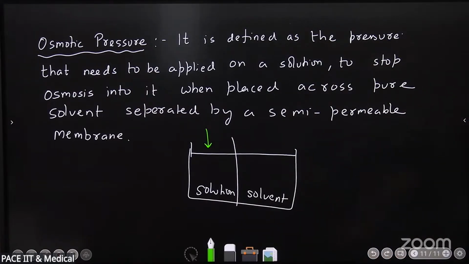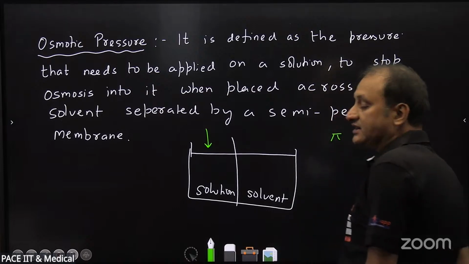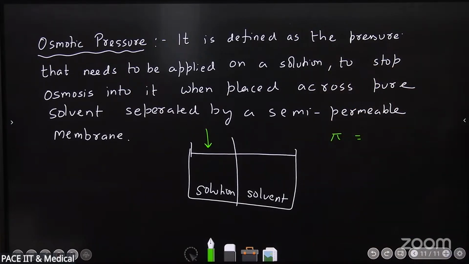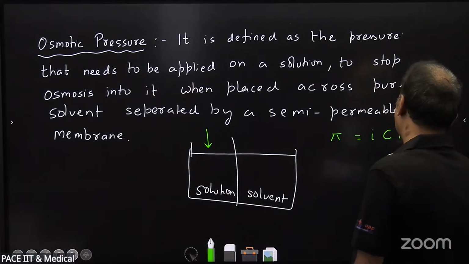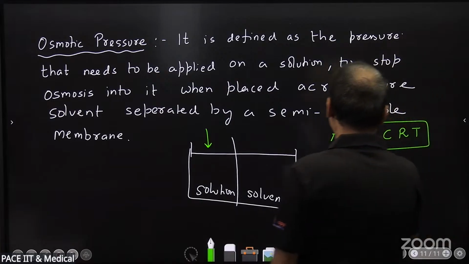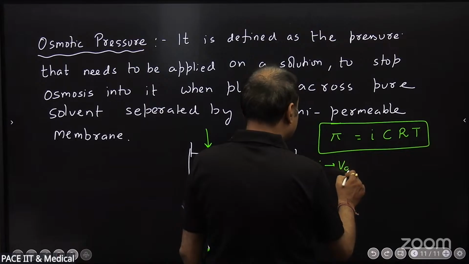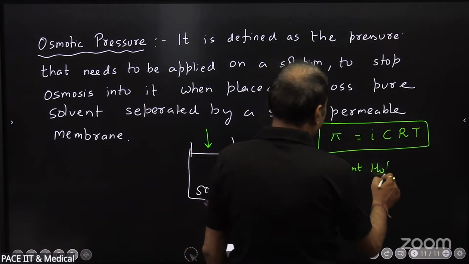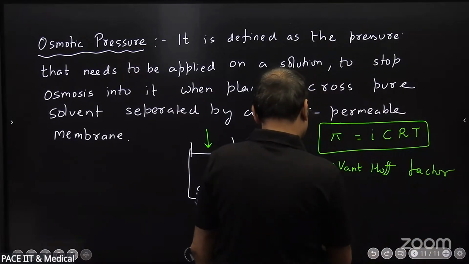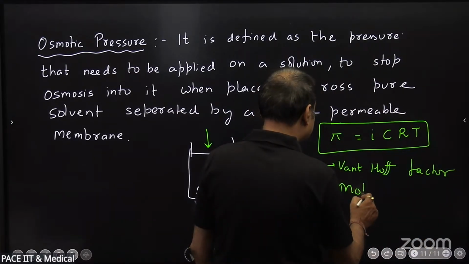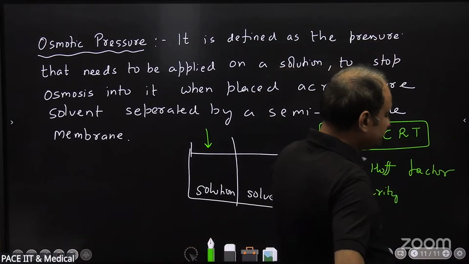Correct? And how is osmotic pressure given? Osmotic pressure we generally denote by pi. And osmotic pressure pi is given as iCRT, where i is the Van't Hoff factor and C here is the molarity of the solution.